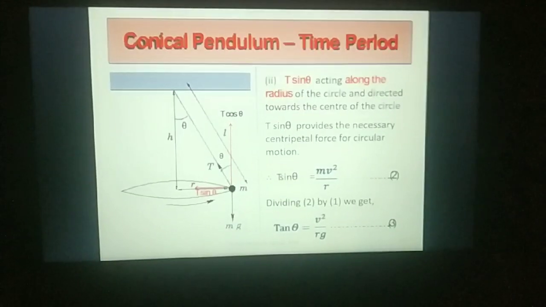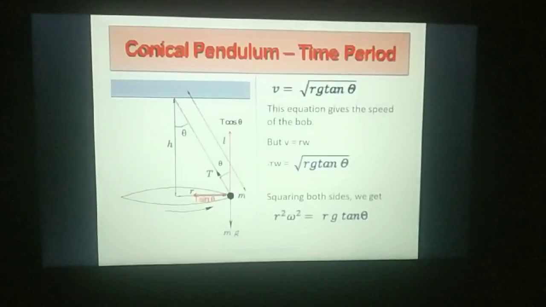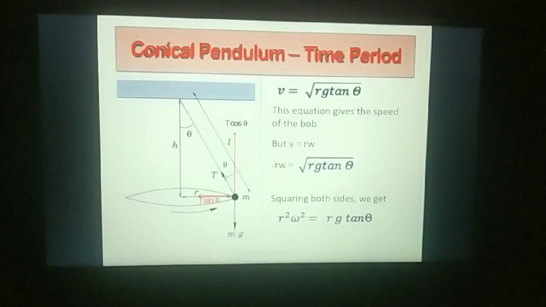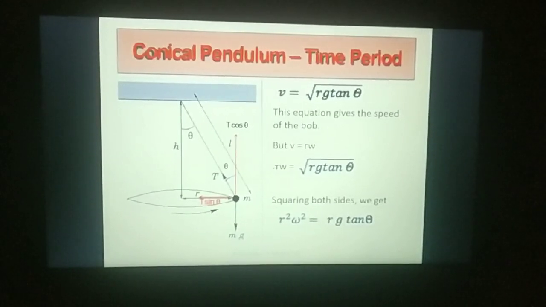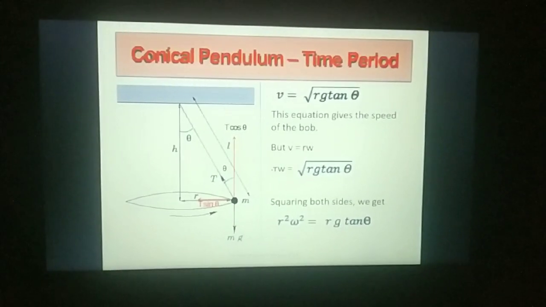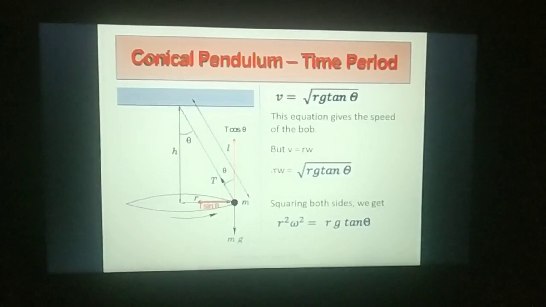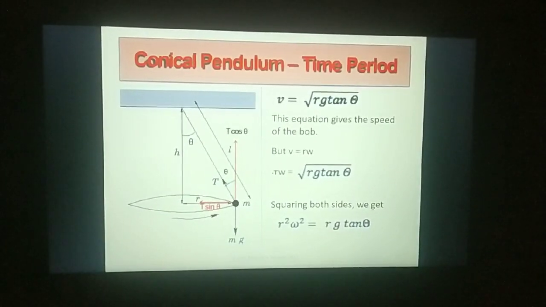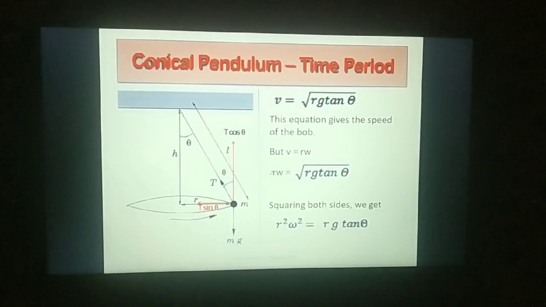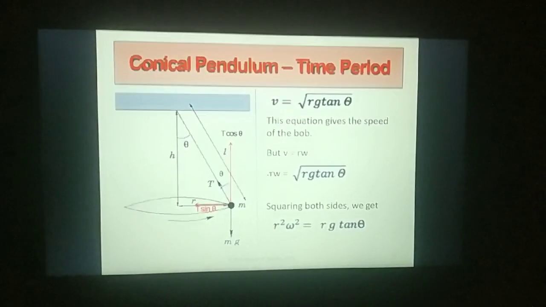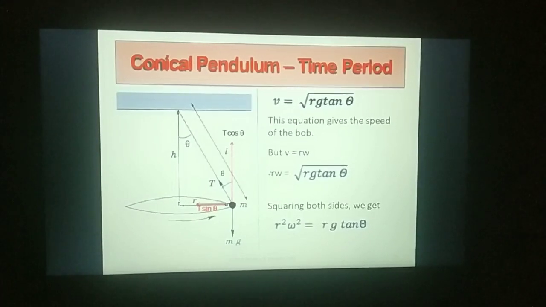Next, the expression for v will be equal to square root of rg tan theta. So if the question is asked to derive the speed of the bob, you can write your expression v equal to square root of rg tan theta; you will write your derivation up to here.